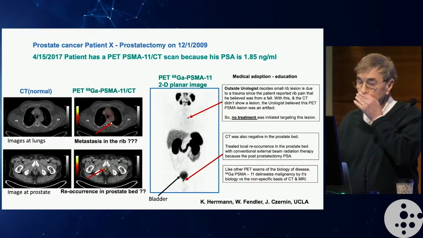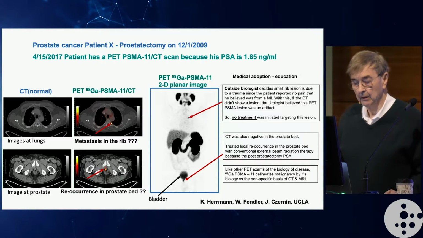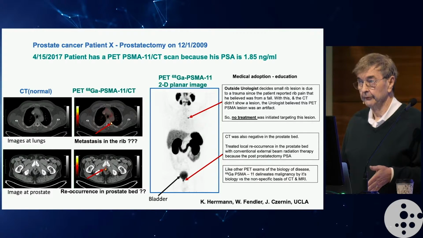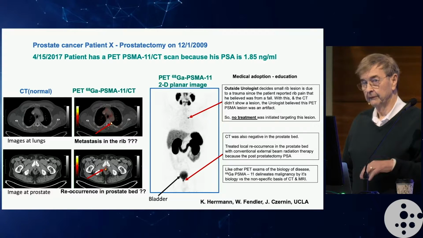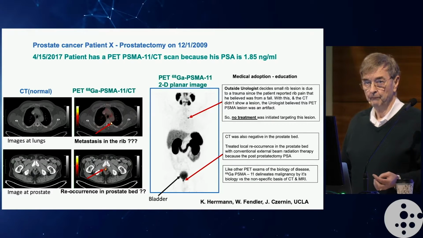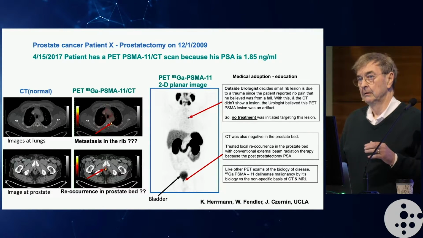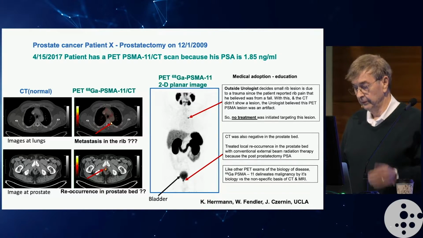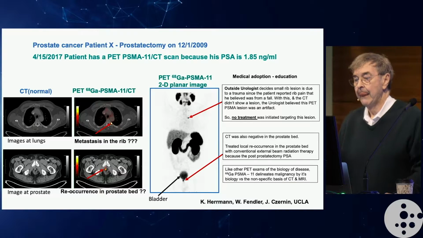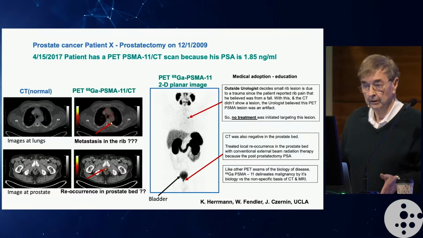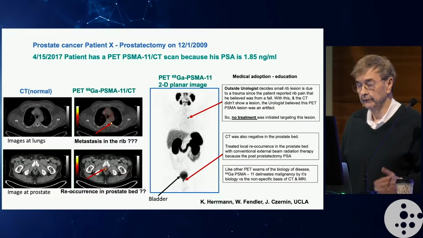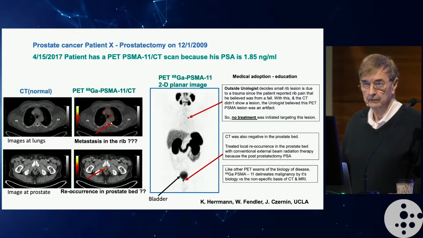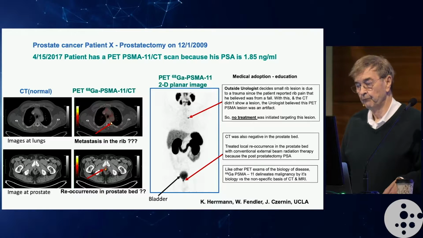Now, one has to go through FDA approval, has to go through reimbursement, but you also have to go through medical adoption. You have to educate medicine about the diagnostics or therapeutics that you introduce. Now, another prostate cancer patient sent to UCLA, but it's noted it's an outside urologist, not one of ours.